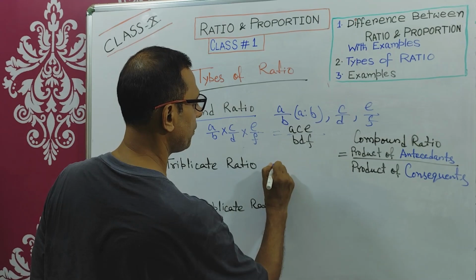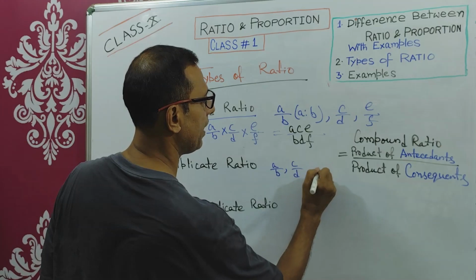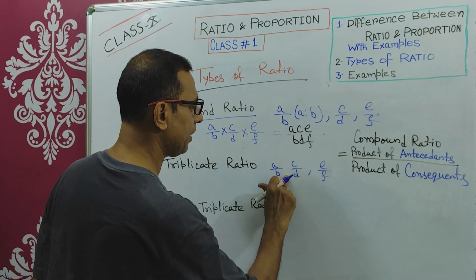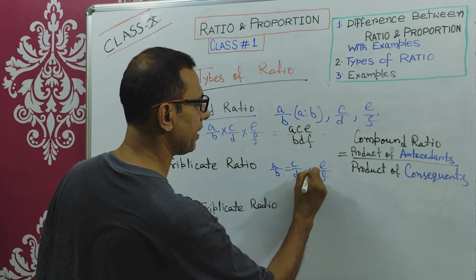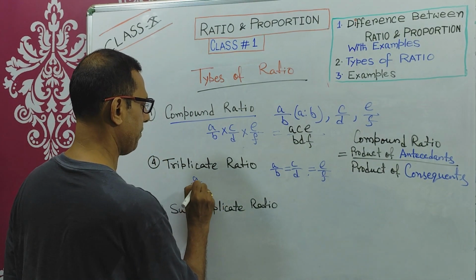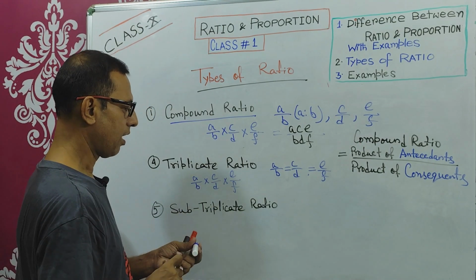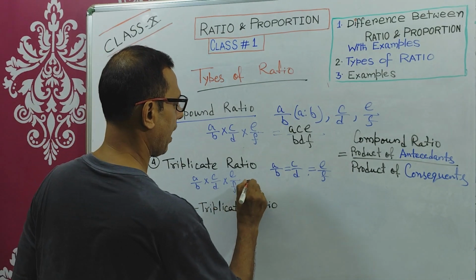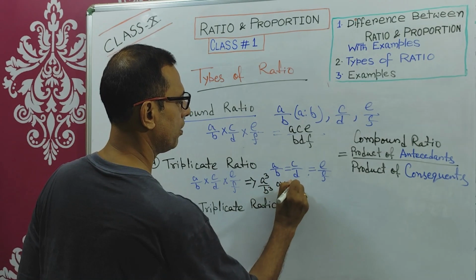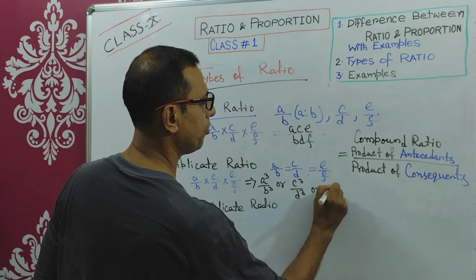That means if there are three ratios A by B, C by D, E by F, and A by B equals C by D equals E by F, then the compound ratio will be A by B into C by D into E by F. That means you can say either A cube by B cube, or C cube by D cube, or E cube by F cube.